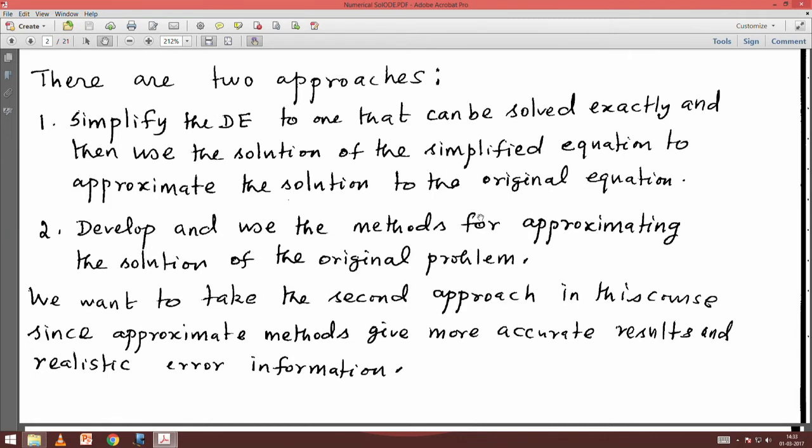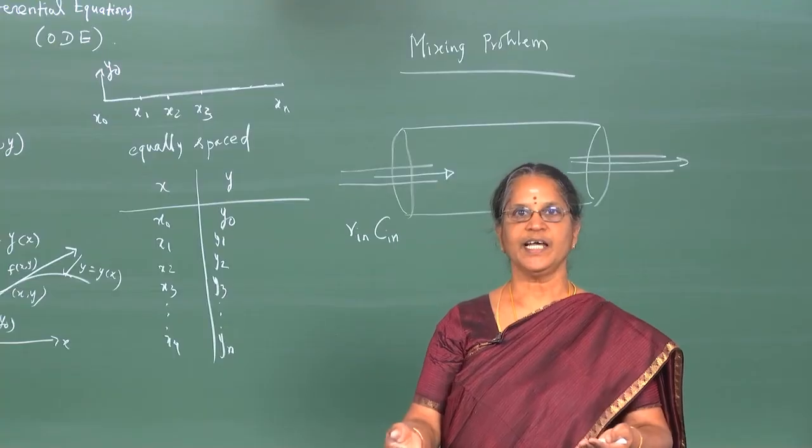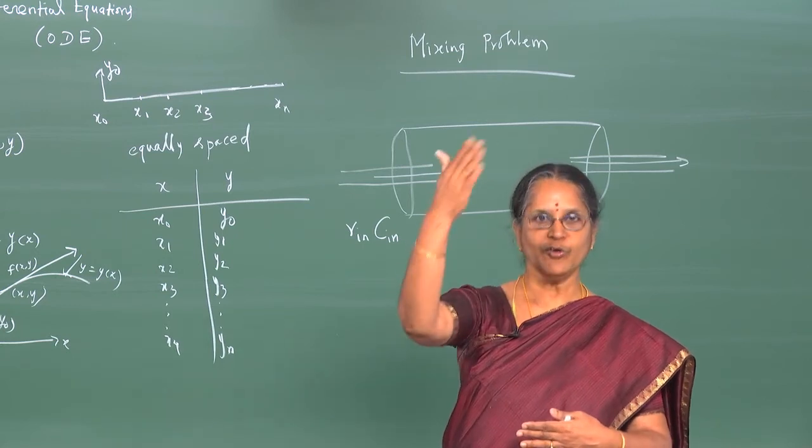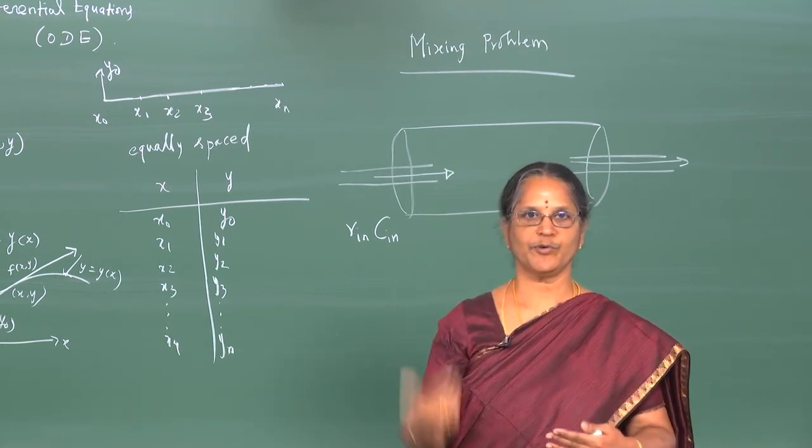There are two approaches to this. The first approach is one where you simplify the given differential equation so that you will be able to analytically solve the simplified equation and take that as an approximate solution of the original problem. That is one approach.